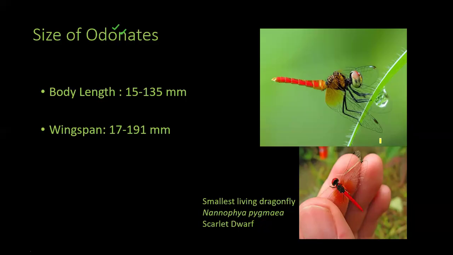So the image shown here shows the smallest living dragonfly, Nannophya pygmaea, which is known from Southeast Asia to northern Australia. So this is the smallest dragonfly species, the smallest Anisopteran species.